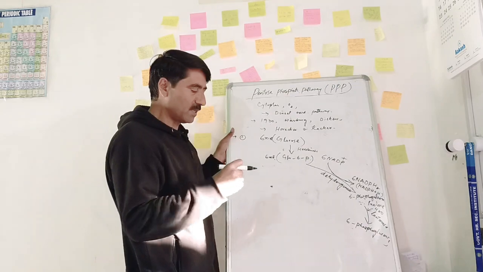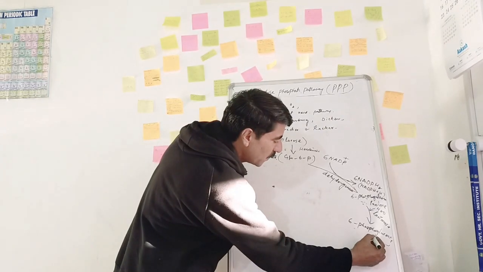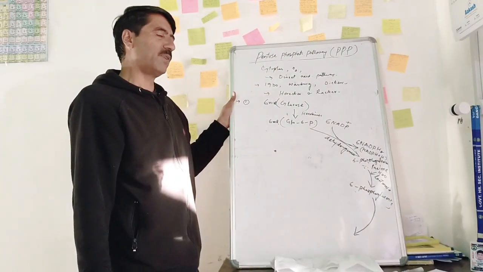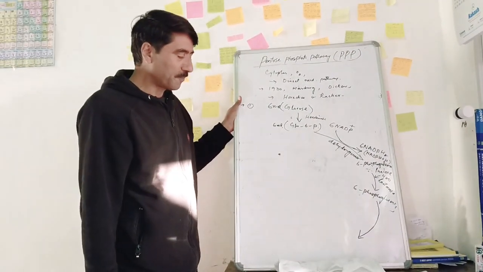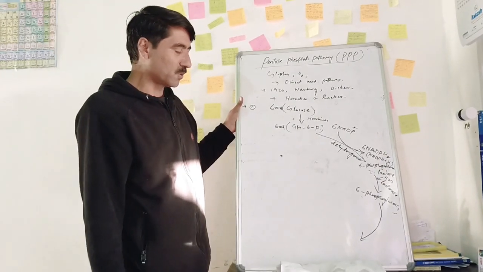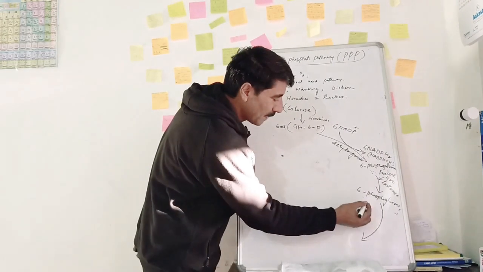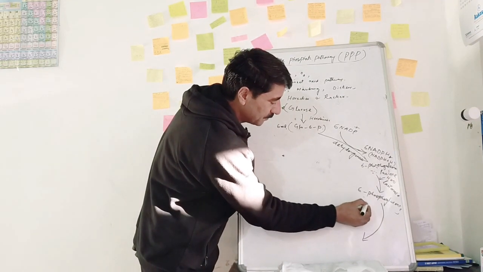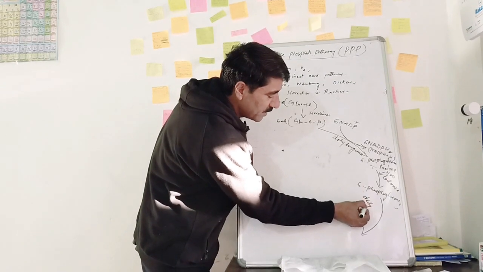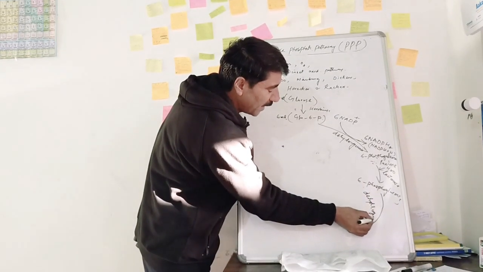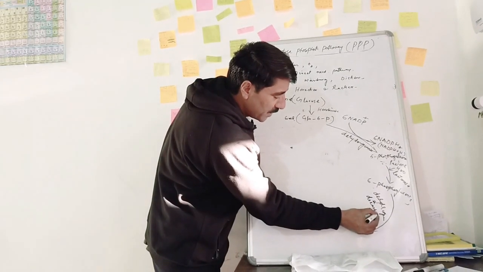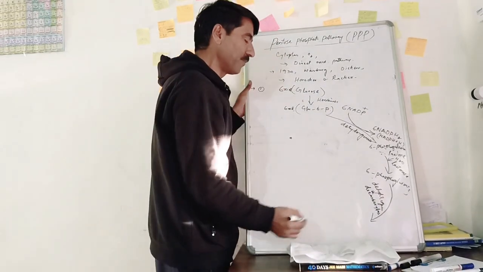In the next step, 6-phosphogluconic acid is again oxidized. There is once again dehydrogenation, but along with this there is also oxidative decarboxylation. So the enzyme is 6-phosphogluconate dehydrogenase and decarboxylase, because this enzyme is both a dehydrogenase and a decarboxylase.